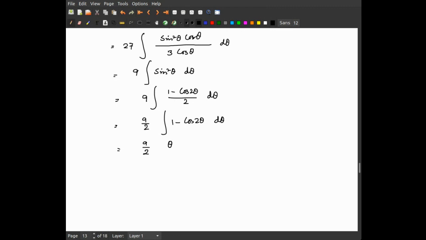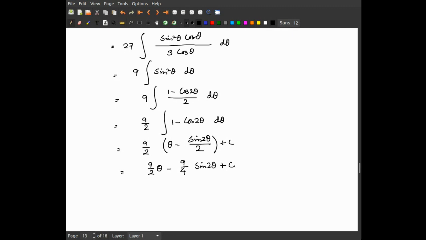The first one is just theta, and the second one is sine 2 theta divided by 2 plus c. This is indefinite integration, so plus c must. Then we get 9 over 2 theta, minus 9 over 4 sine 2 theta plus c. But we know by this time that theta is not an acceptable answer.